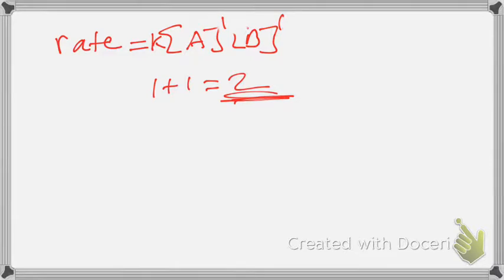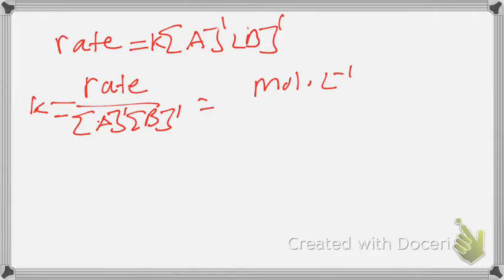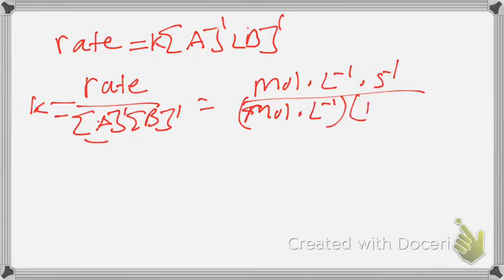So we can then derive the units just like we would normally do for a second order reaction. We would take the rate over [A] to the first, [B] to the first, equals k. So the units of rate are, again, moles per liter per second over moles per liter, that's for A, and then for B, it's just moles per liter.